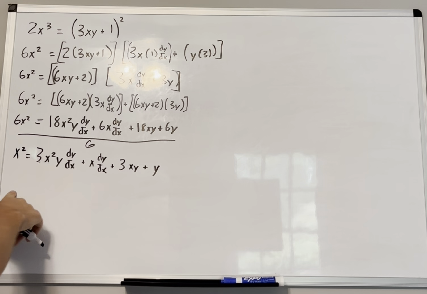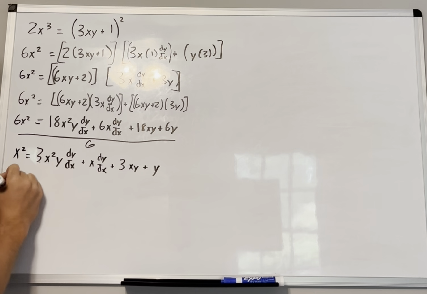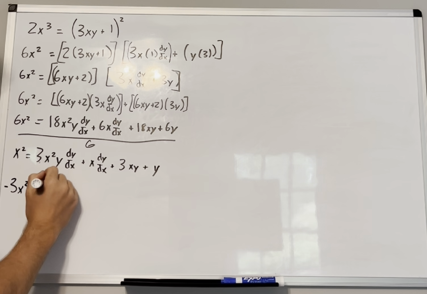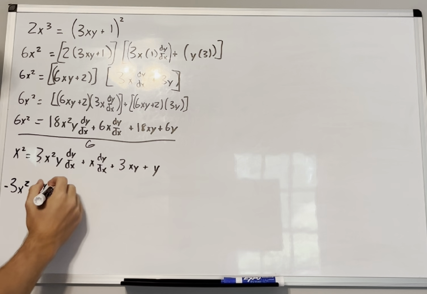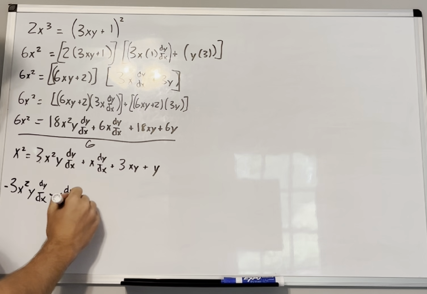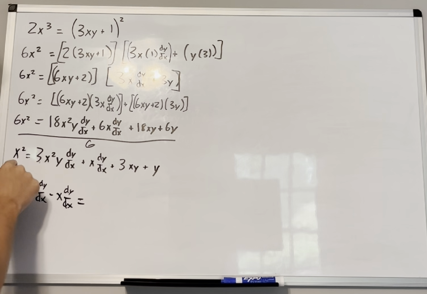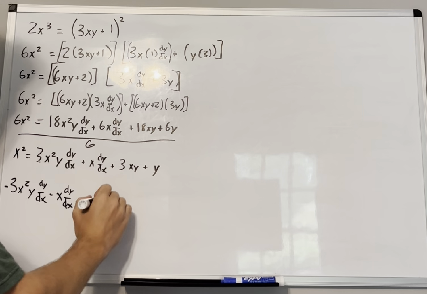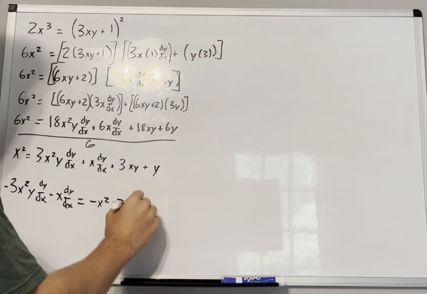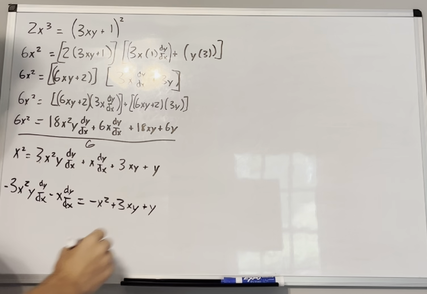So I'm going to subtract 3x squared y dy dx, and then subtract x dy dx, and that equals, I'm going to subtract the x squared from this side, so negative x squared, and then plus 3xy plus y.